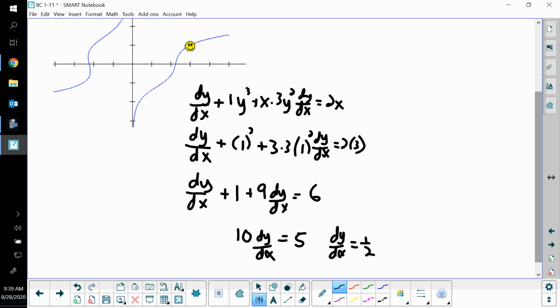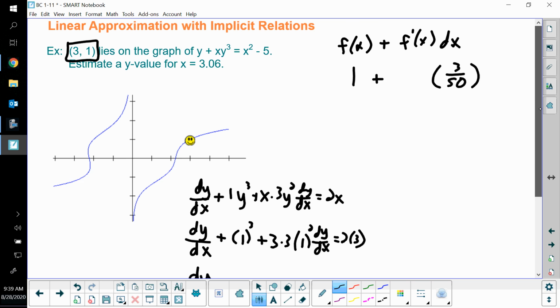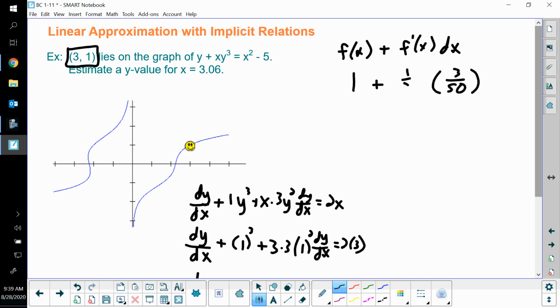So that's the specific numerical value of the slope of the tangent line, which is what goes right here. So this is going to be 1 plus 3 over 100, and you can either do 103/100 or 1.03. So that is the approximate y value. And from the graph, you can see it looks like the function is increasing there. So that seems to make sense.